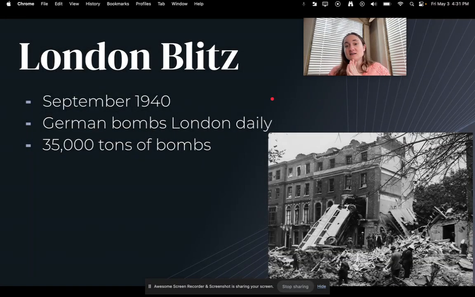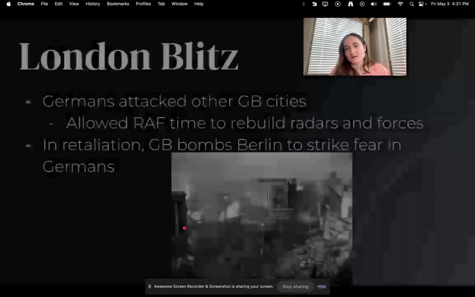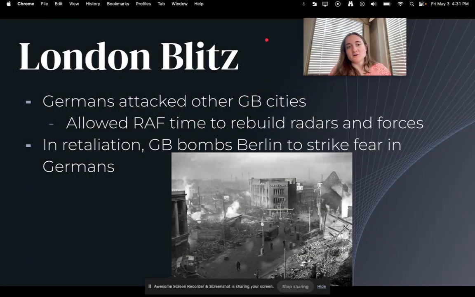There was the London Blitz. This happened in September 1940, and that's when German planes would fly over London daily and drop a heck ton of bombs. It was 35,000 tons of bombs at the end of all of this. So you can see the mass destruction over here. Germans attacked other Great Britain cities as well.